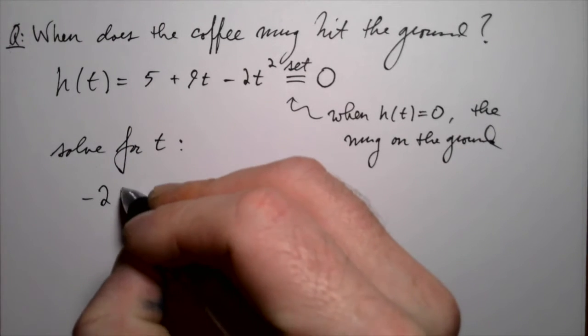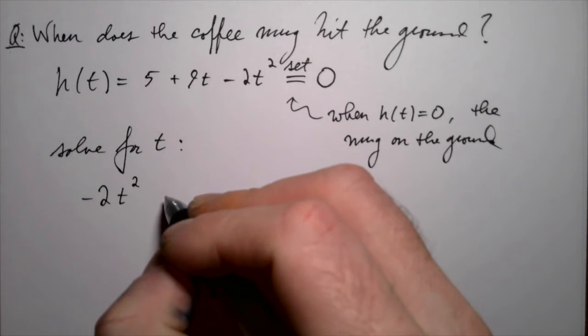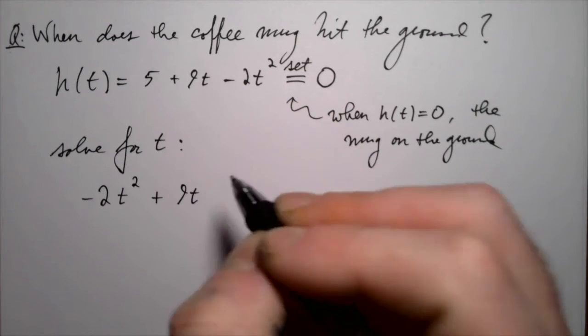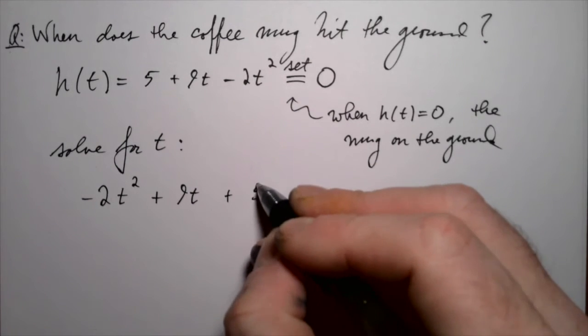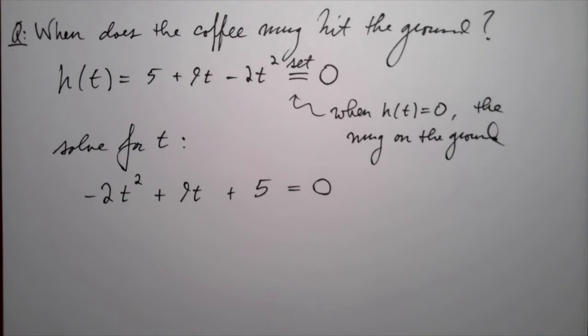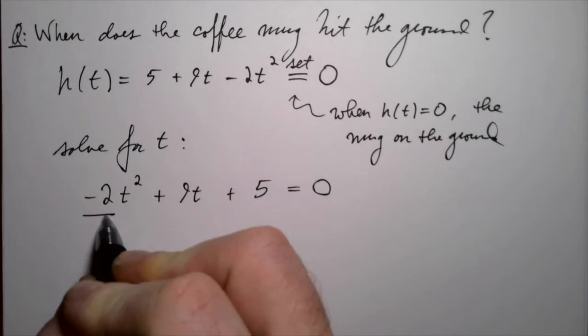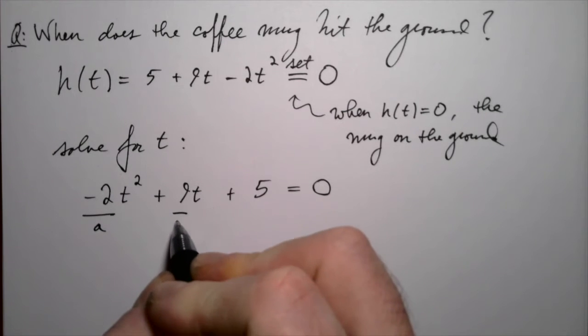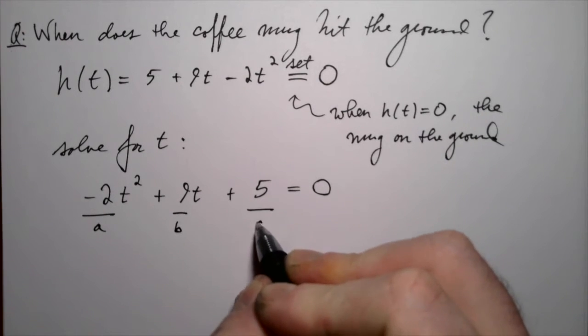So what I'm going to do is rewrite the equation that we have up there, but in the opposite order, like this, with descending powers of t instead of ascending powers of t. The reason for that is that I'm going to use the quadratic formula to figure out what the roots of this equation are.